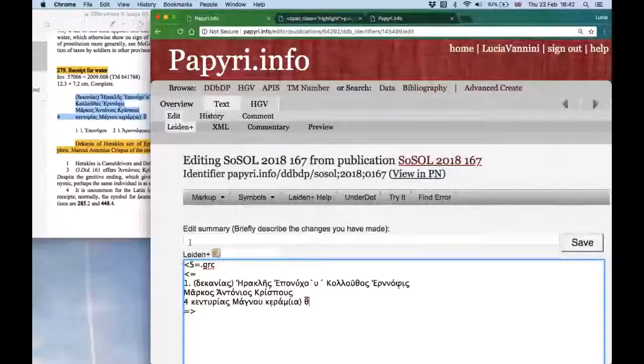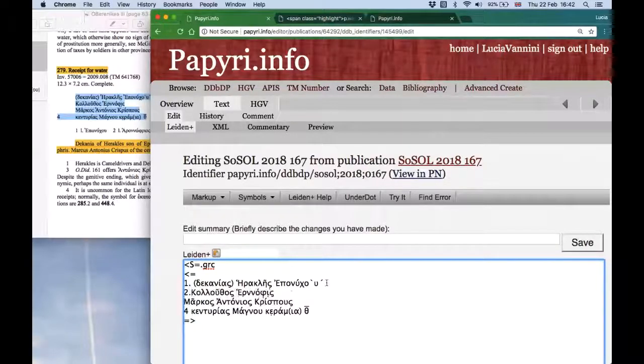And we need to add a few small changes. We add the line numbers to all the lines. And the dot after the number.